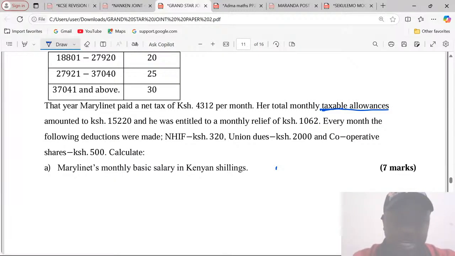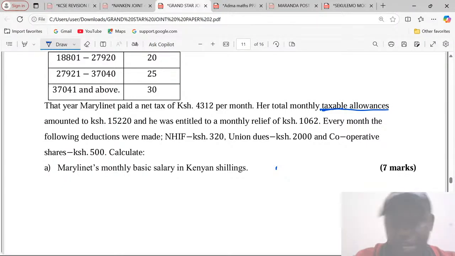Every month, the following deductions were made: NHIF 320, union dues 2,000 Kenya shillings, cooperative shares 500.